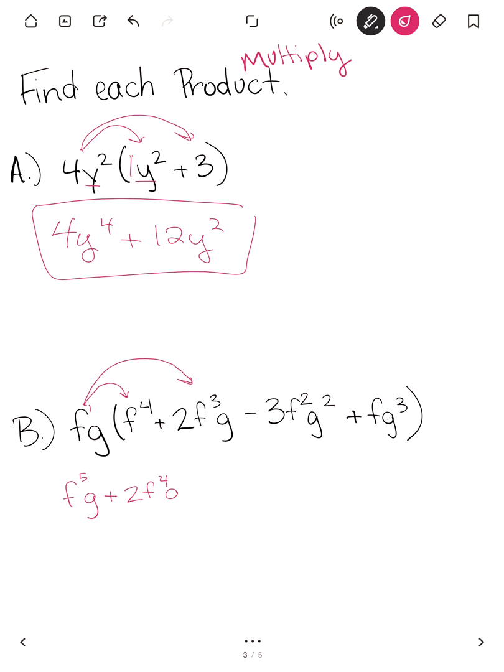G times g is a g squared. Fg times a negative 3f squared g squared. I have a negative 3 f to the third g to the third, because again that g has a 1 right there. And then last but not least, fg times fg cubed. I get, let's see, f squared g to the fourth.